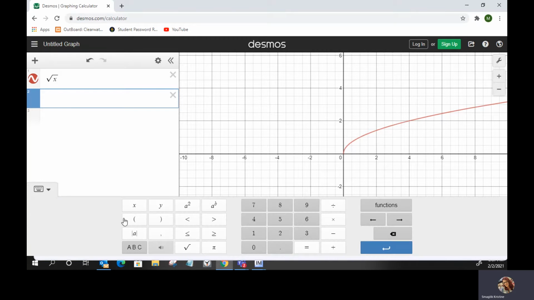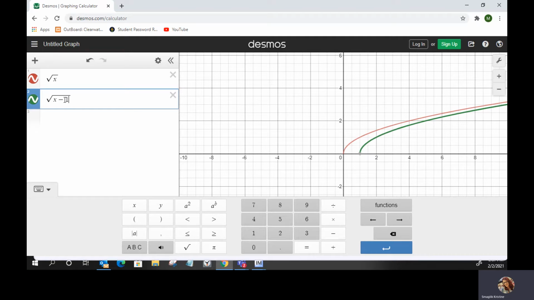So let's do square root of x minus 1. And again, notice that negative, even though it's negative, remember that's part of the standard form of that radical. That means your h value is positive. So I am moving to the right one.